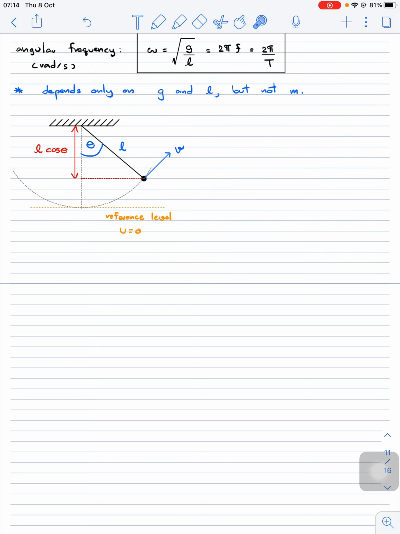So if we project the length of the string onto the vertical axis, it is equal to L cosine theta.